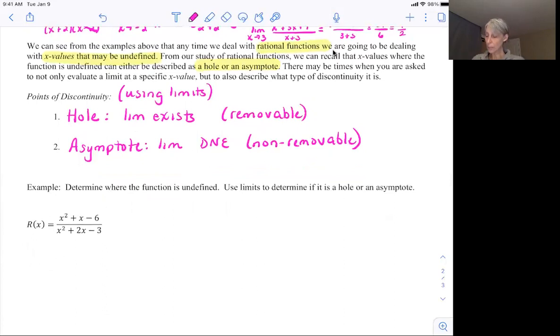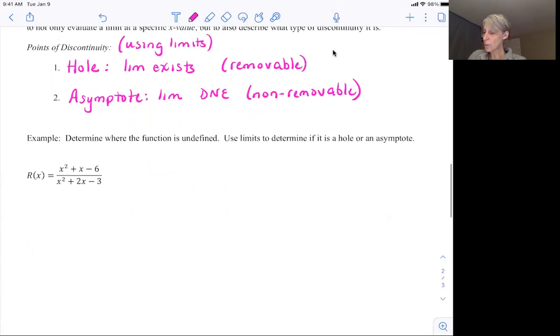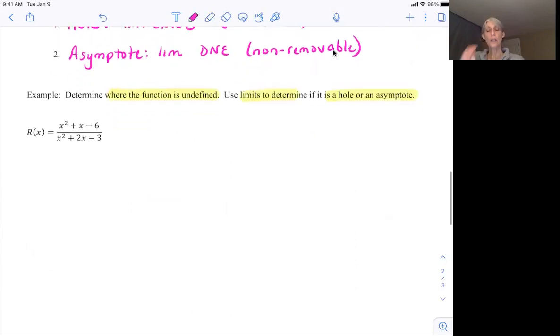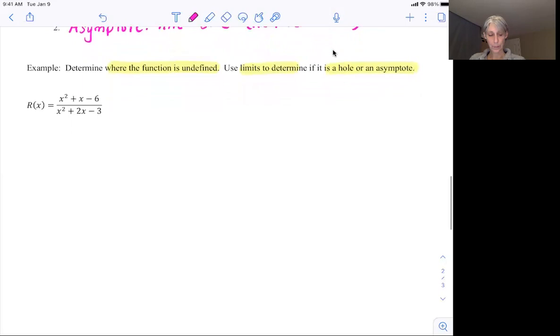So in our next example here, we want to first determine where the function is undefined, and then use limits to determine if it's a hole or an asymptote. Now, I know you can do this from what you know or remember from rational functions, but now because we're studying it with calculus, we want to be able to do it using limits to support our answer.